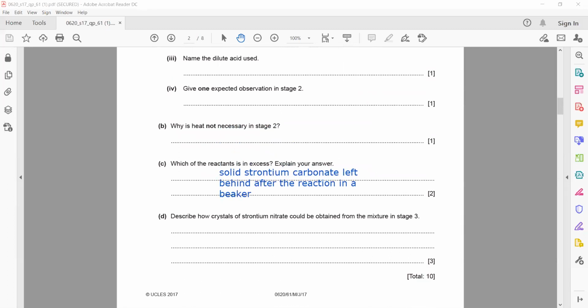Then we will heat and concentrate the solution till the point of crystallization.